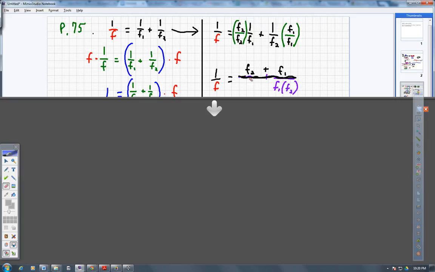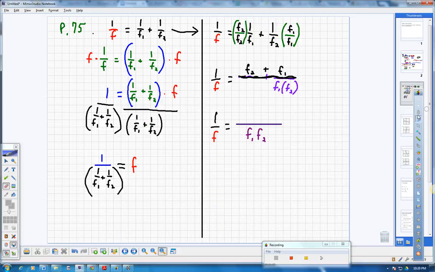And you're going to see that in the step below. I just like to show people, hey, we're sharing this denominator. Sharing is awesome. So we share the common denominator, f sub 1 times f sub 2. In the numerator now, I have f sub 2 plus f sub 1.